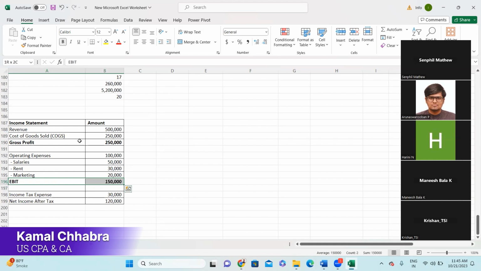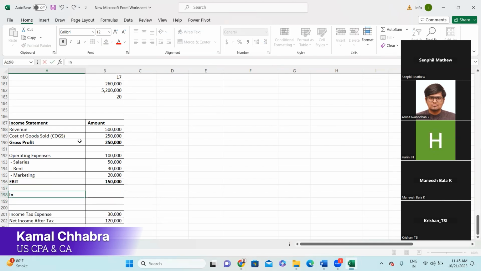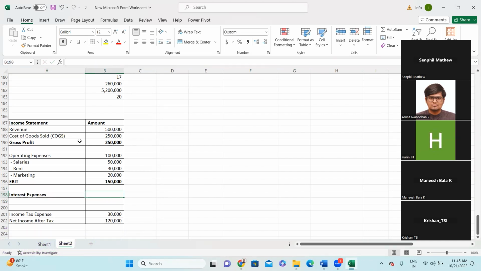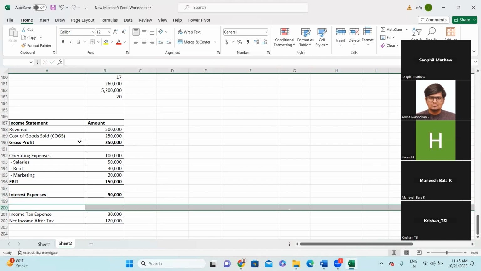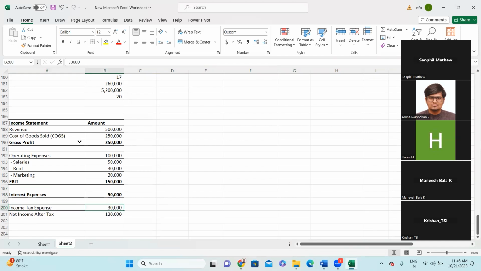Then let's assume you have some interest expenses, and then you have income, which is called PBT, profit before tax.